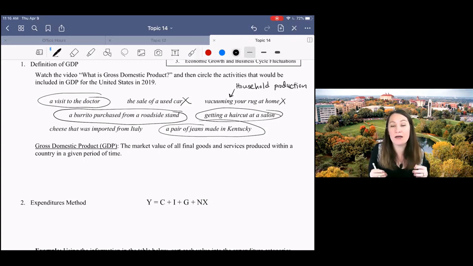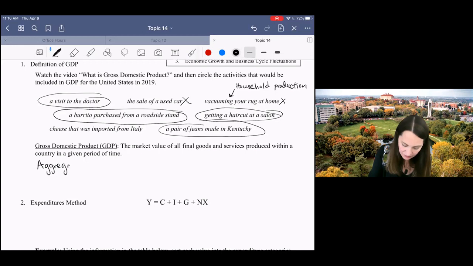Right? So now we're getting a sense of what types of things go into our GDP calculation and what types of things are left out. But why does it matter? Why do we care about aggregate production? Well, we care about aggregate production primarily because we care about aggregate income.